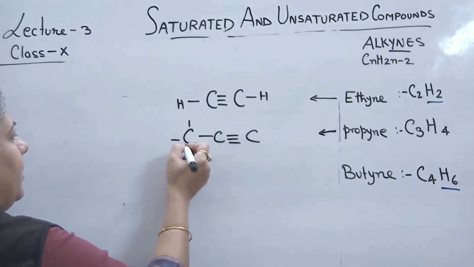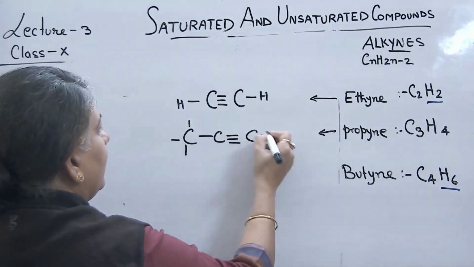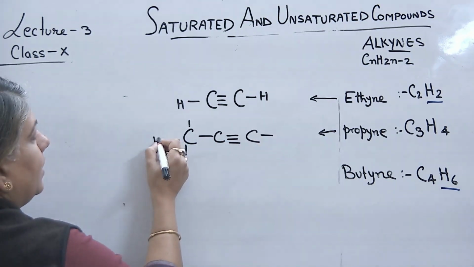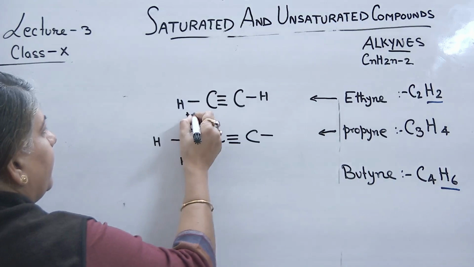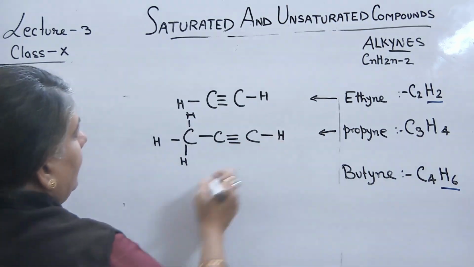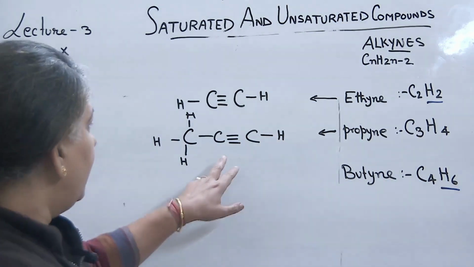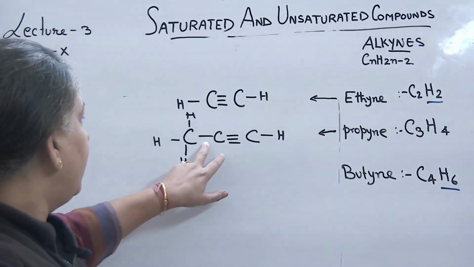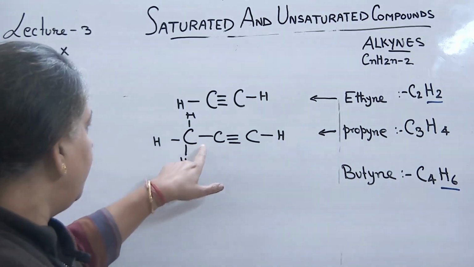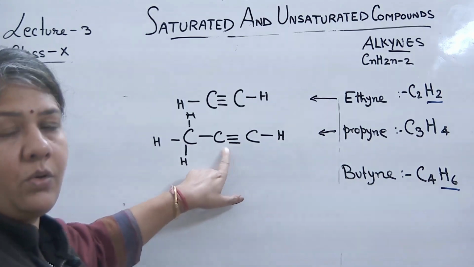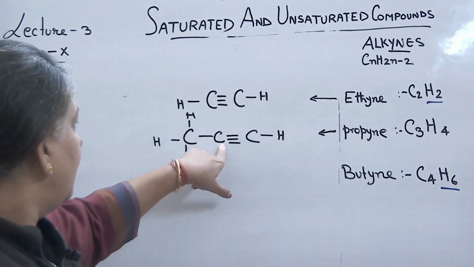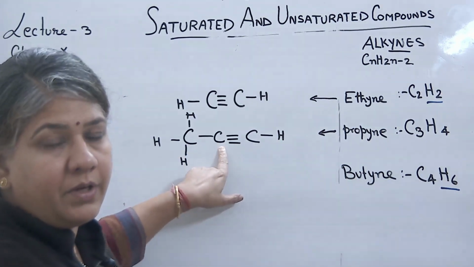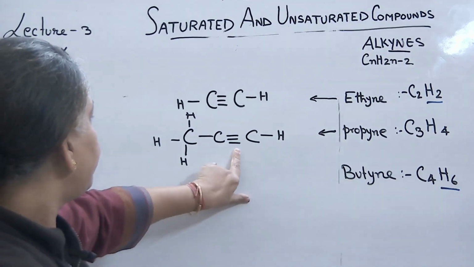and complete the tetravalency of carbon. See, we are not placing hydrogen on this carbon because its tetravalency is already complete. See, 1 and 3 bonds here, total 4 bonds. So, tetravalency of this middle carbon is already complete.